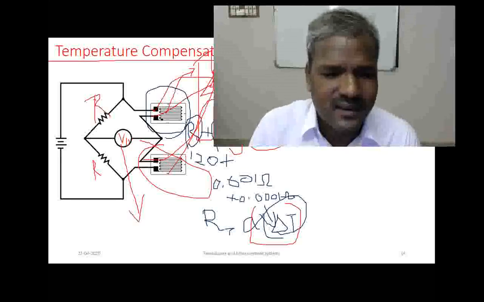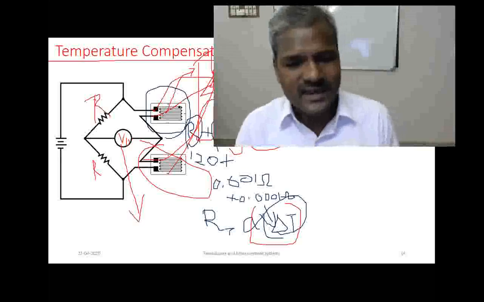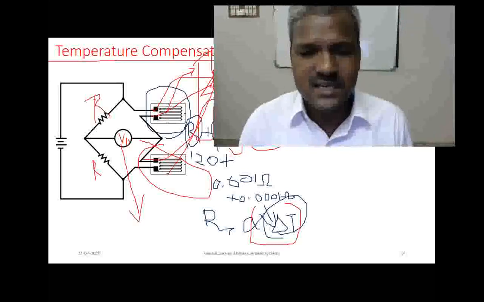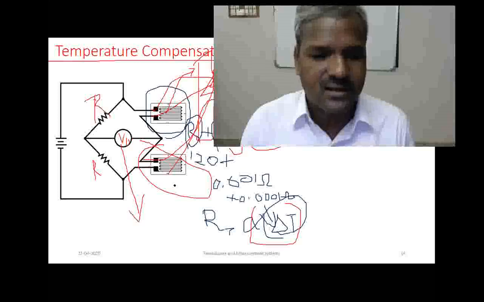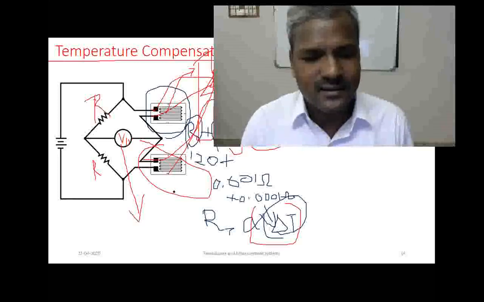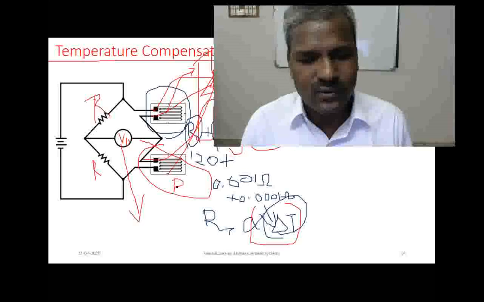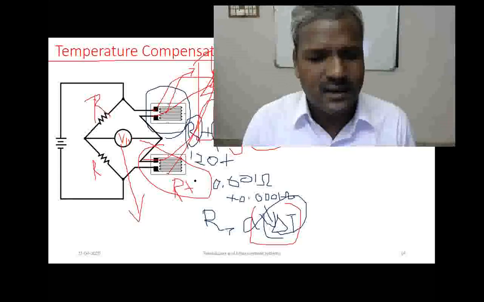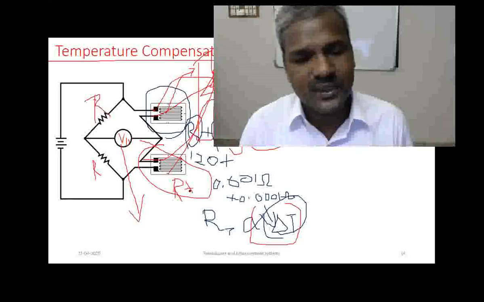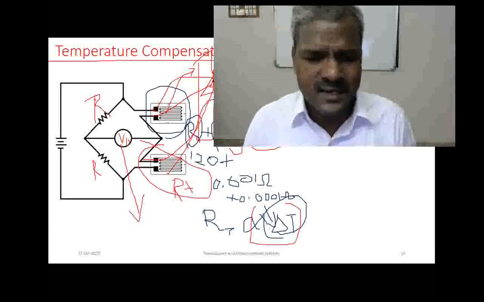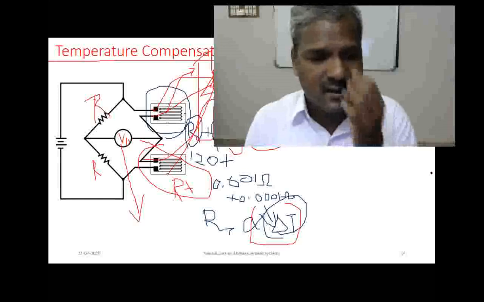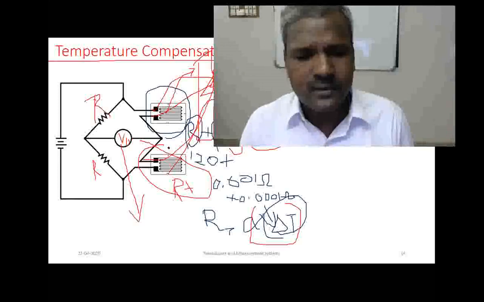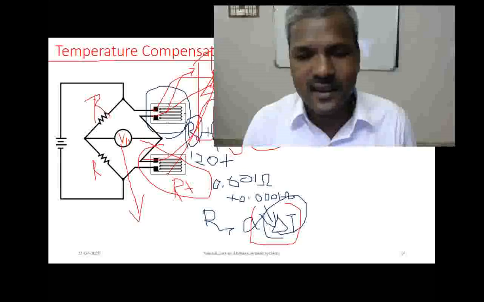This strain gauge detects only temperature change; it already has a nominal gauge resistance of R. Since it is not subjected to any tension, but is connected in the opposite arm, there is a minus del RT.